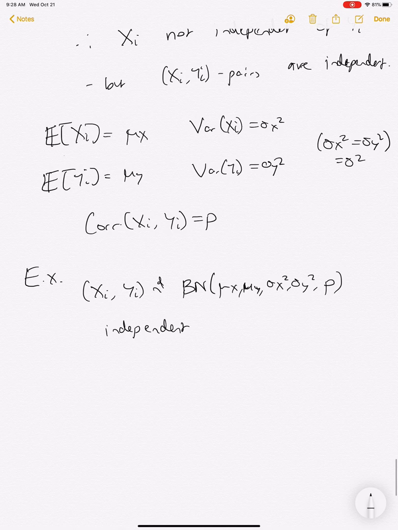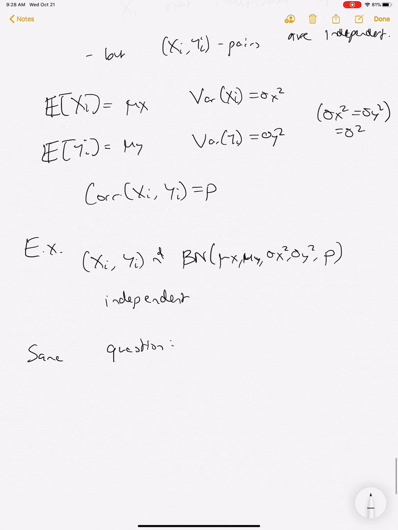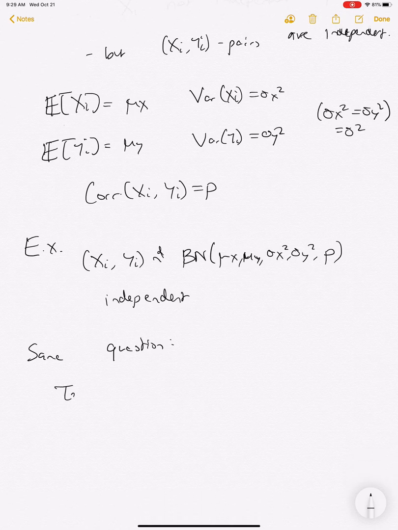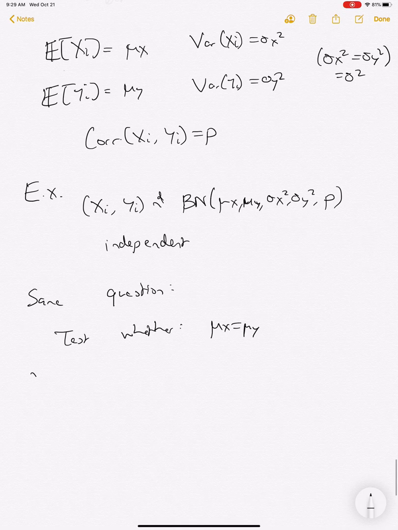And so once again, we're interested in the same question. We want to test whether mu x equals mu y. So once again, in the testing framework, you could have that H naught is that mu x minus mu y is 0. So mu x minus mu y is your parameter of interest.